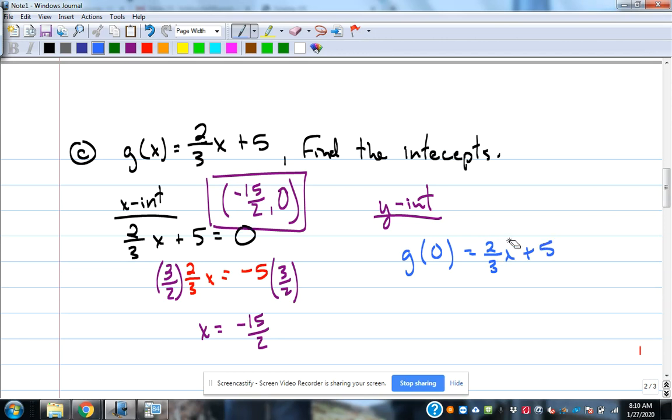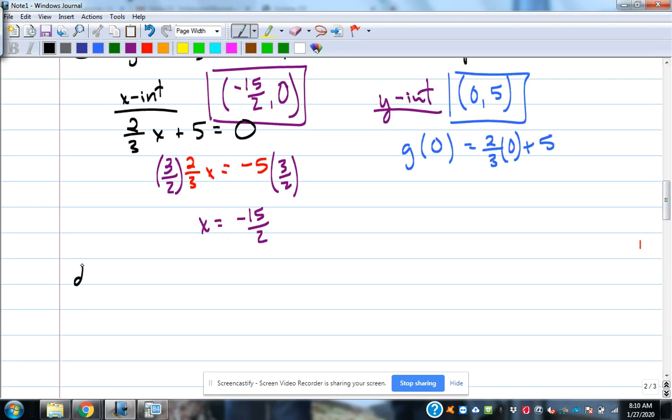Instead of x, I'm going to put 0 in the place of that, but it didn't really matter. So it's 0, 5 for the y-intercept. So for x-intercept and y-intercept, we're plugging those in the appropriate area and working that out. Really easy to do.